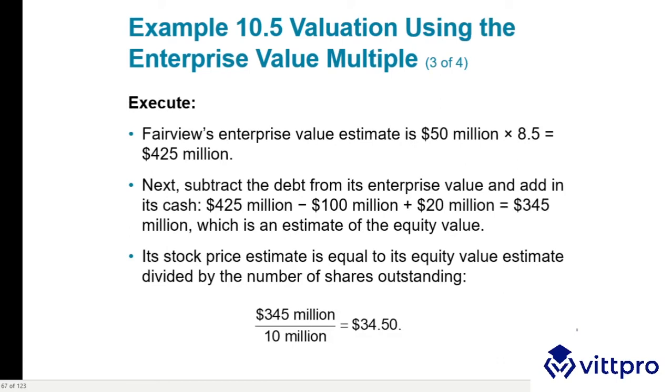The enterprise value is 50 into 8.5, which is 425 million, and then you minus the debt and plus the cash, that becomes 345 million, which is the equity value. Divide by 10, so your share price comes to $34.5. That's how we use the enterprise value multiple.